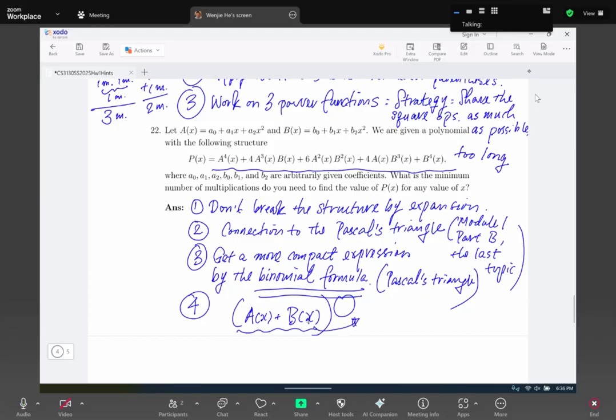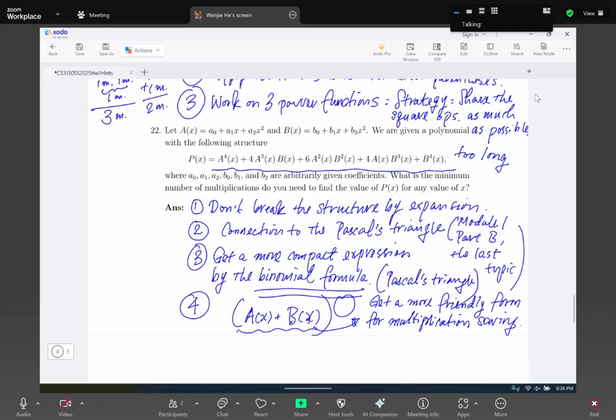You need to get a more friendly form for multiplication saving.